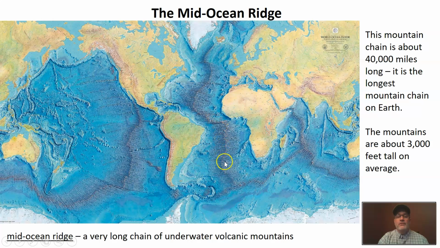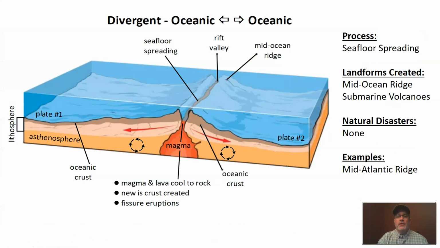You can see that these are very, very long chains of volcanic mountains, the longest on Earth. So one of the landforms created by seafloor spreading is the mid-ocean ridge. Notice that it actually looks like two separate ridges. We have a ridge here and a ridge here. And please notice that right in the middle, right at the plate boundary, we have what's called a rift valley.